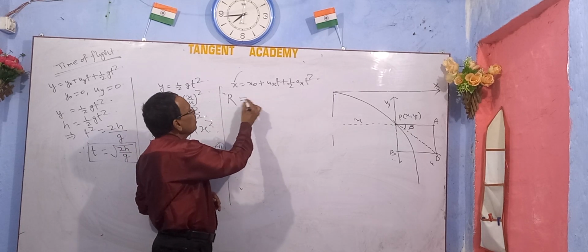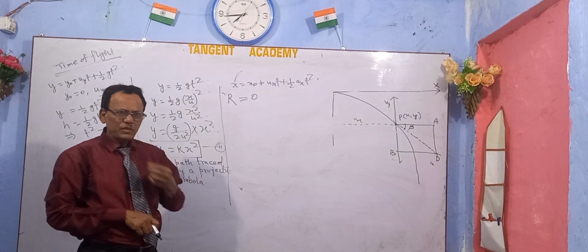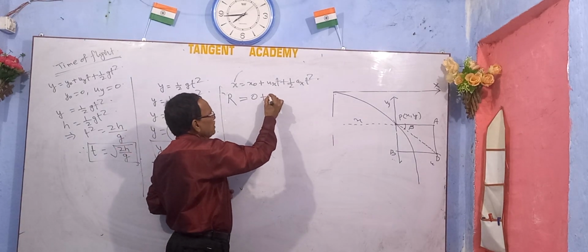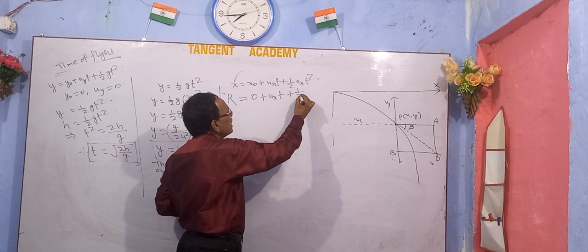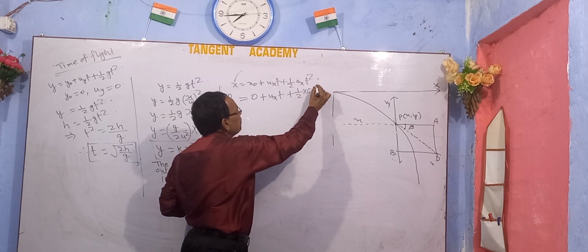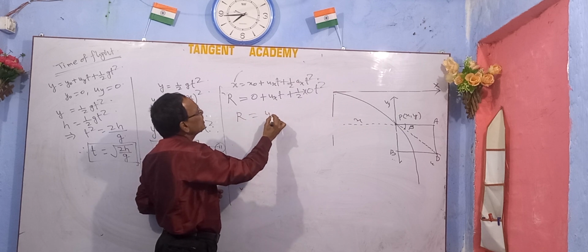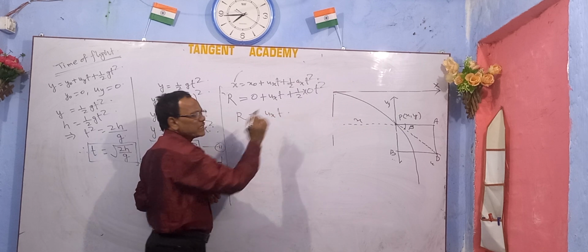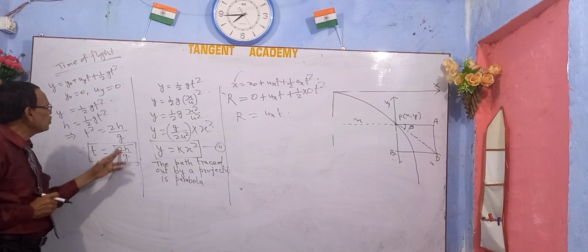R is equal to x naught, which is initially 0, plus uxt, and as we know that horizontal acceleration is 0, therefore last term will be 0. So r will be equal to uxt, and here we have calculated t as under root 2h by g.